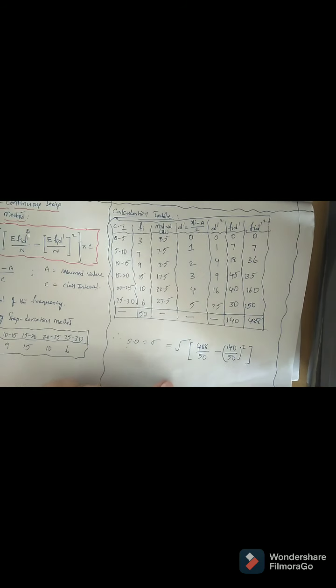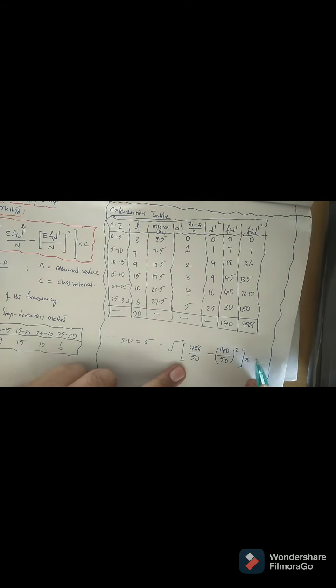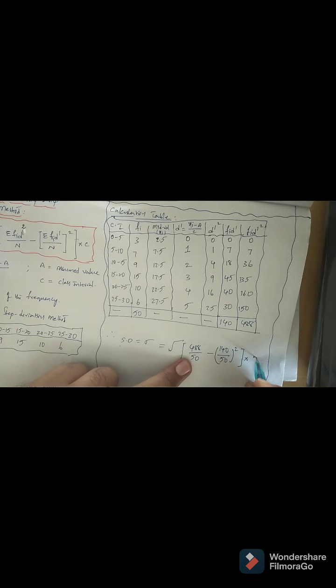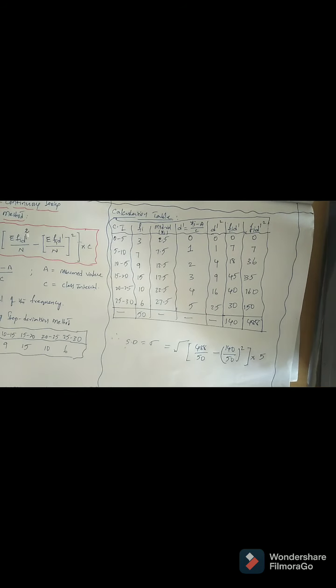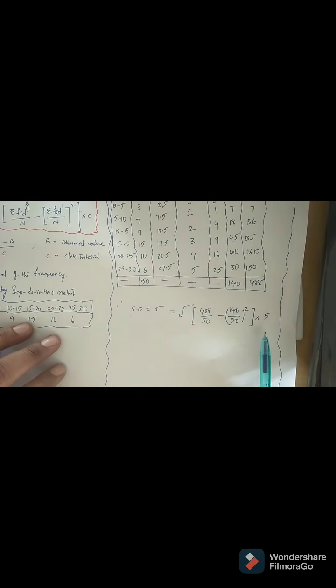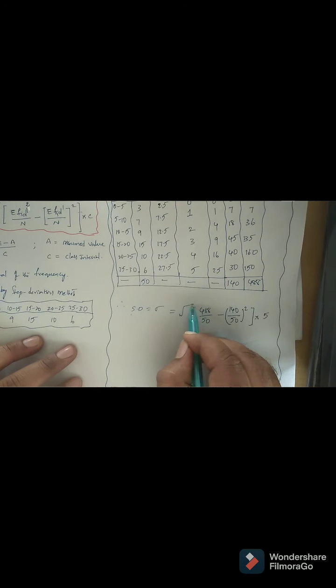Now this is square bracket into, what is the class interval length? 5. So that is outside the root, be careful. So 5 should be outside the root. That means after simplifying all these things, if you want you can extend this root.